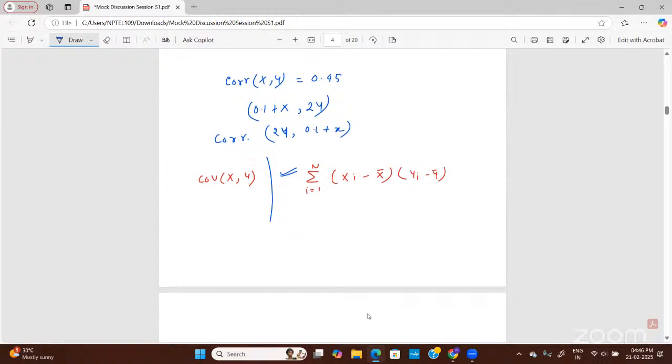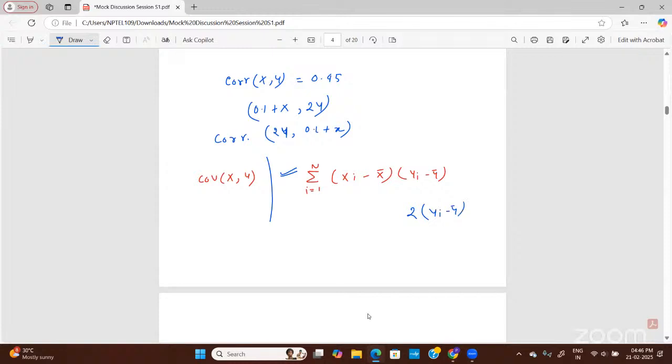If you double here, it will be 2y something. I'm not writing the entire part, like divided by n or n minus 1. If you take 2 times, the mean will also be doubled, so it will be like 2y minus y bar something.